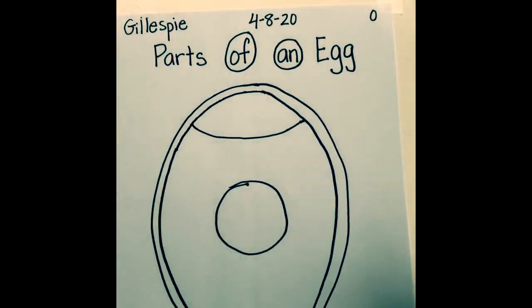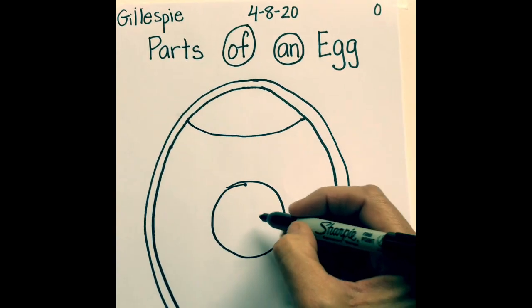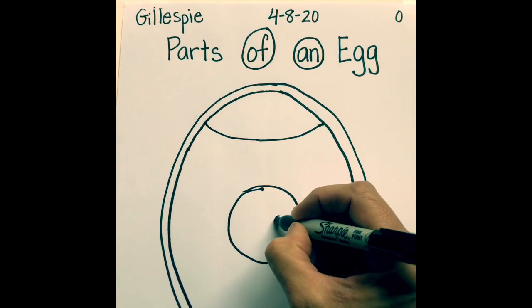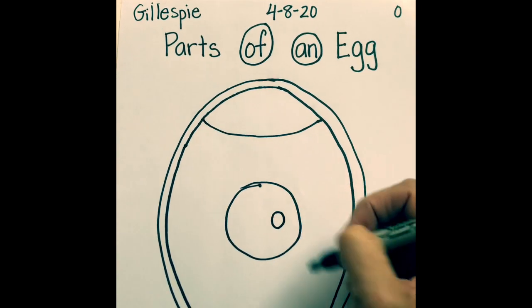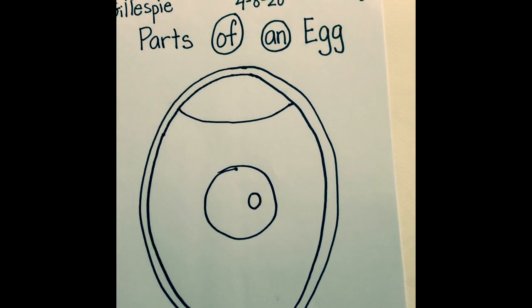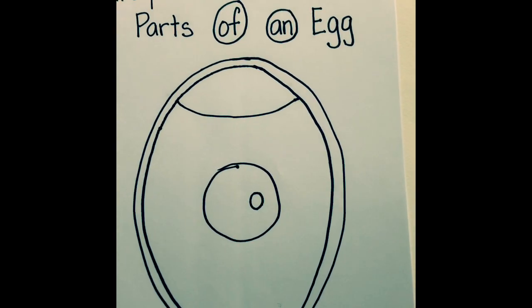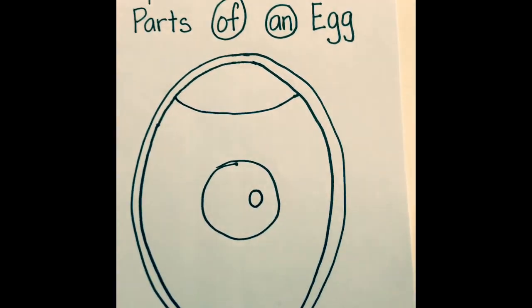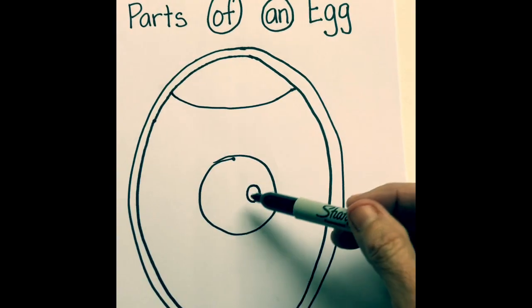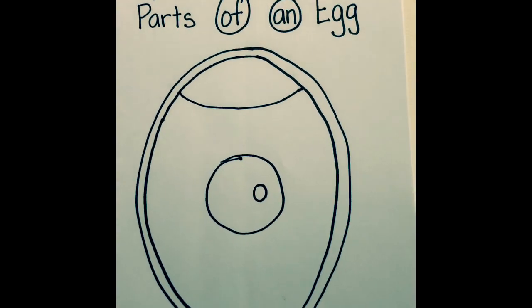Then on the egg yolk, there's a little white dot. So we're going to draw another little circle, and that is the germinal disc. That is where the baby chick starts to grow.